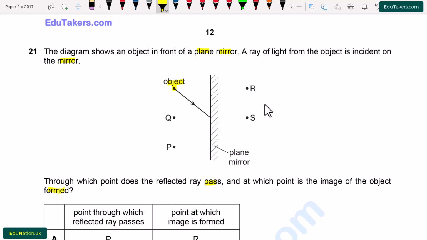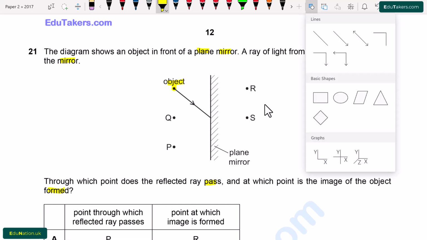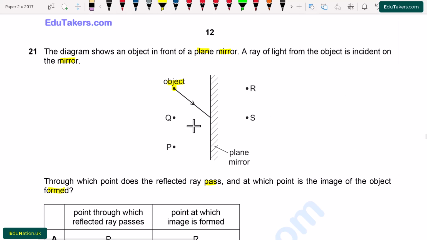So after reflection by this mirror, this line passes through the point P. I will draw this. So the ray looks like that after reflection by the plane mirror. It means that the point through which the reflected ray passes is point P.